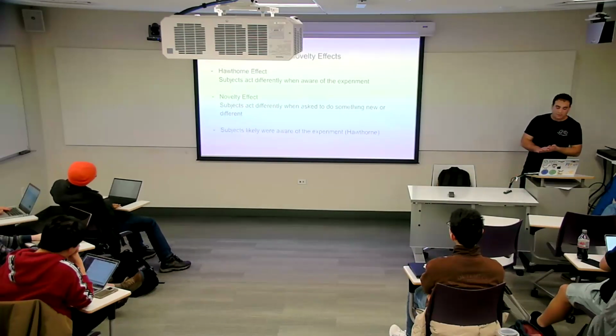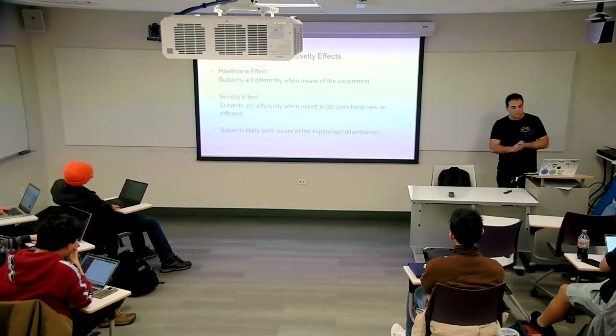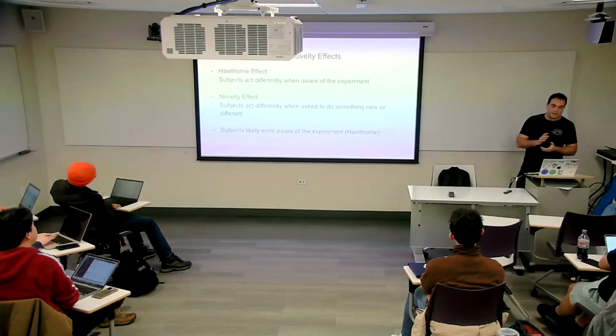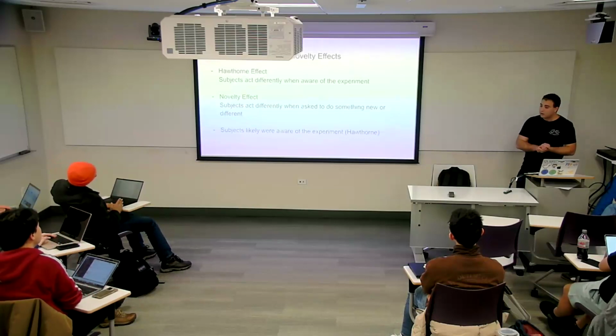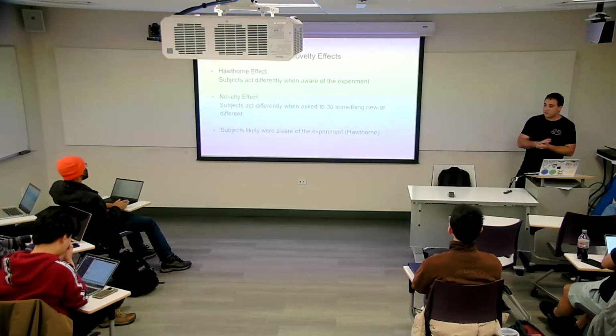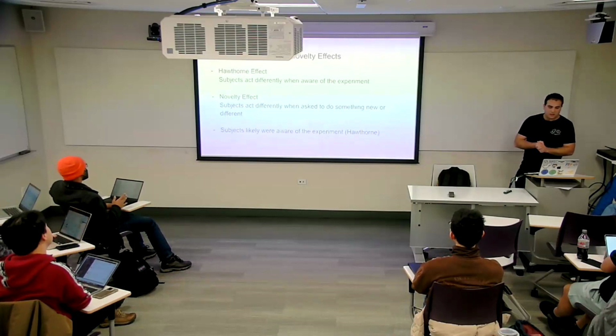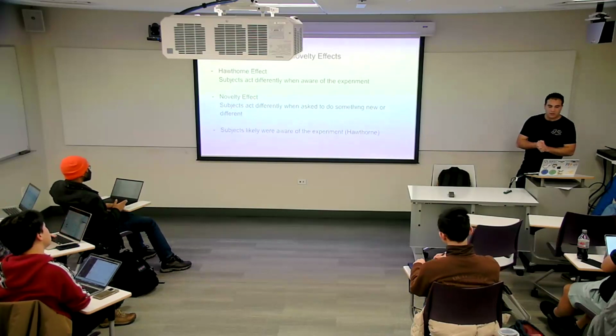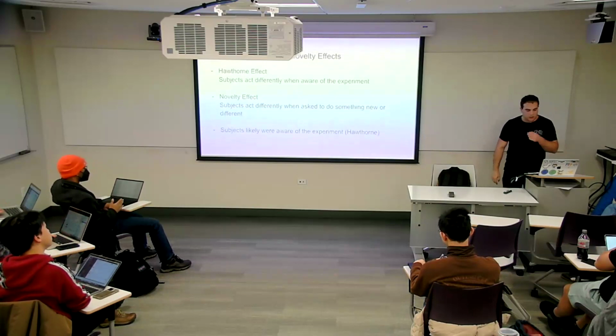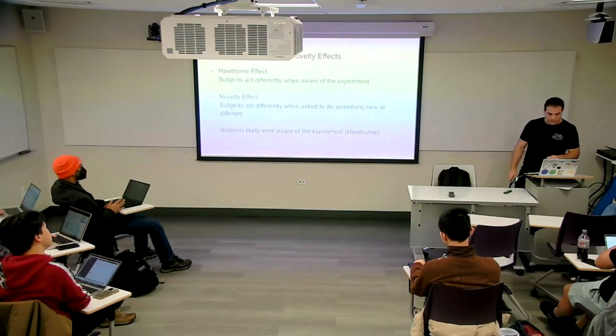The Berry and Tisch paper comments that it's very likely that the subjects in the experiment were aware of the fact that they're in the experiment. So the Sobel paper, in other words, is subject to threats from the Hawthorne effect. I wasn't entirely sure why they might be at threat for the novelty effect. They didn't really go into detail about this in Berry and Tisch, but they did mention that this was a possibility.